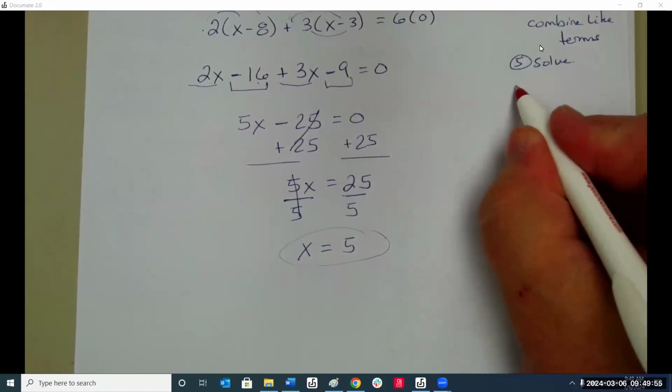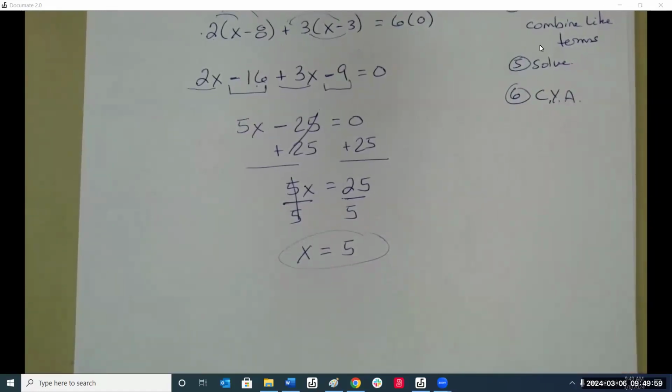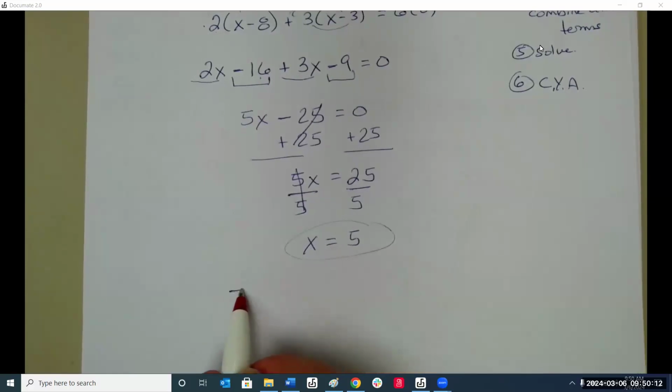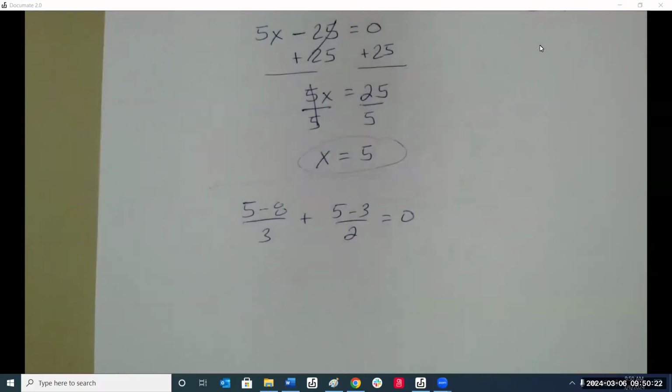Actually, there's always a sixth step, CYA. What does CYA stand for? Check your answer. So we plug in anywhere we see x, plug in a 5, and see what we get.